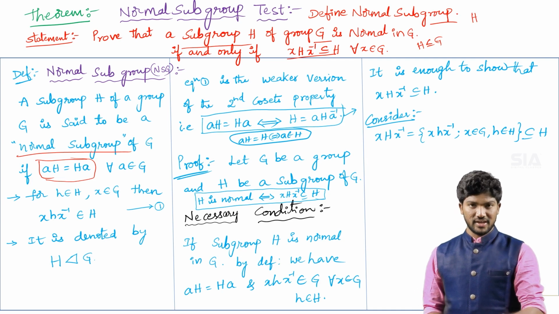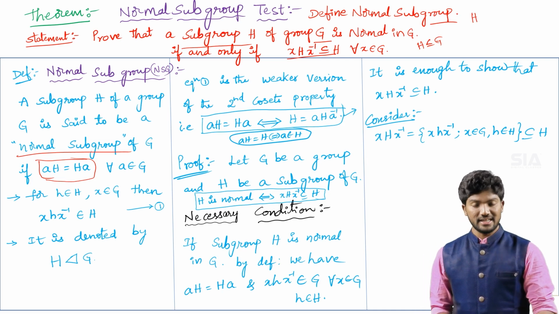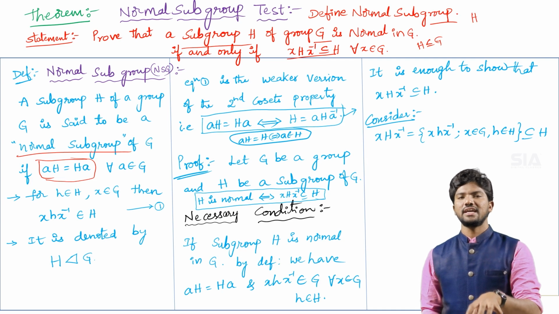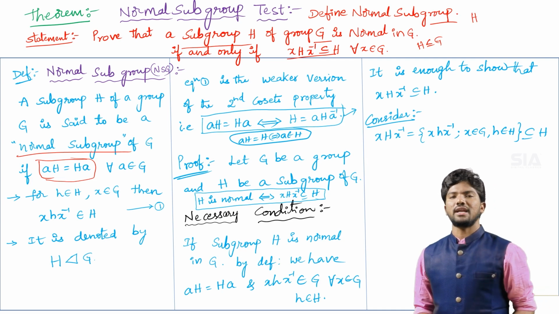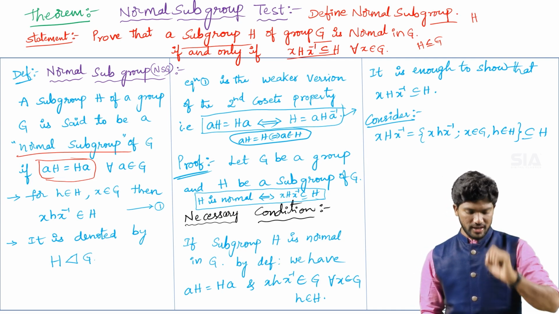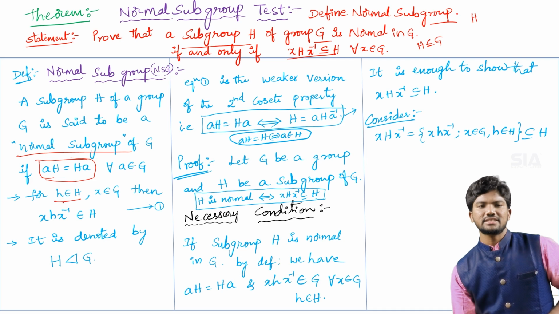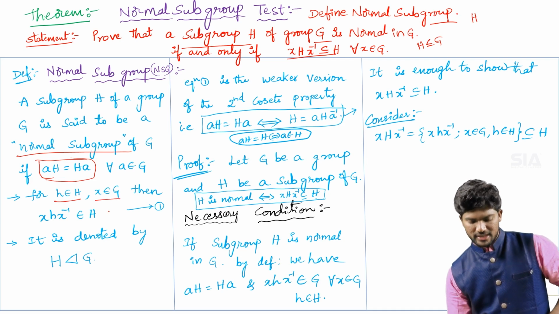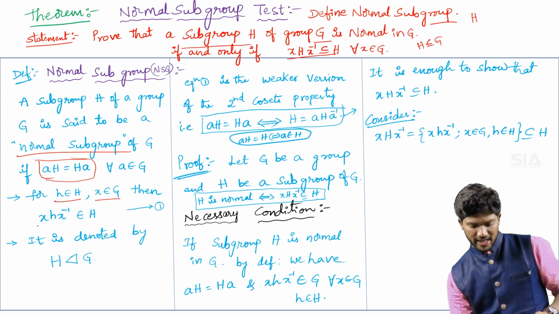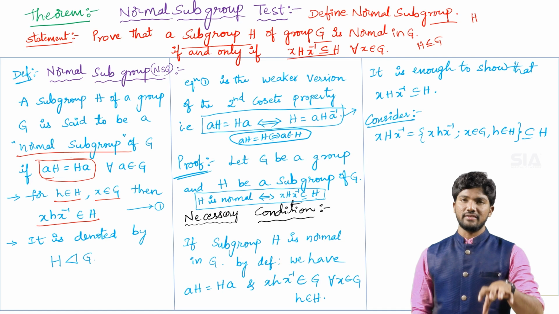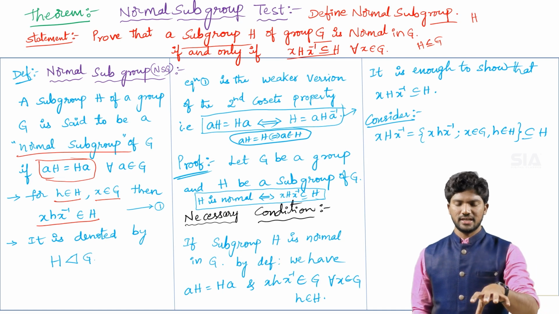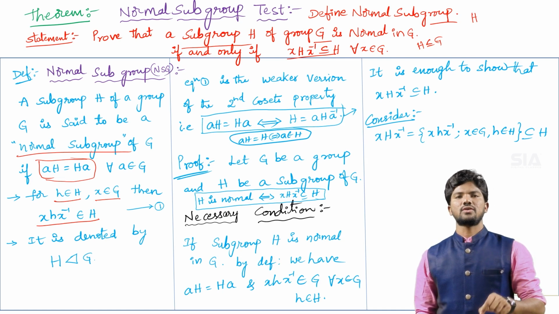But in this definition, what we are going to study is that a into H is equal to H into a is true for every small a belongs to capital G whenever, for small h belongs to capital H and small x belongs to capital G, x h x inverse belongs to capital H. Whenever this equation number 1 holds, then a into H is equal to H into a.